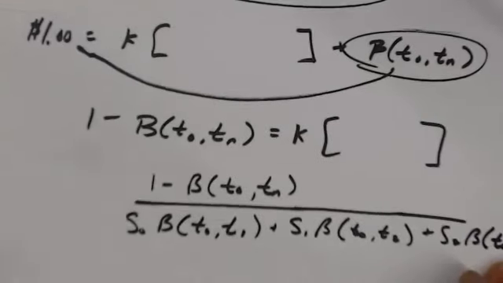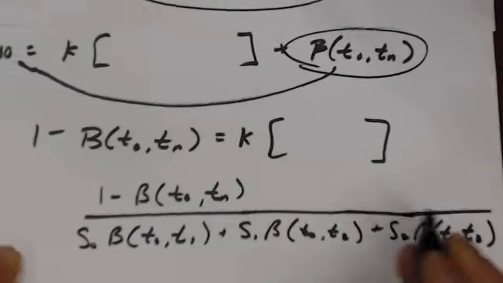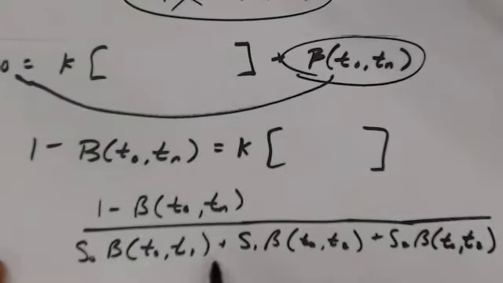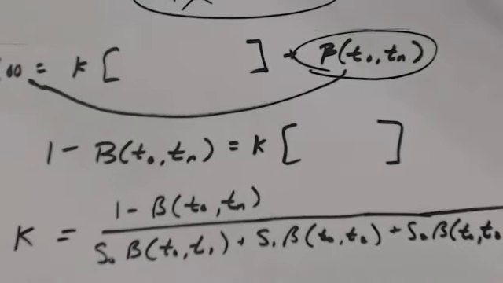Running out of space here. Okay, this whole thing, and again, this is only for a three period swap here, but it goes on obviously if you go out to N, and this is what K equals.